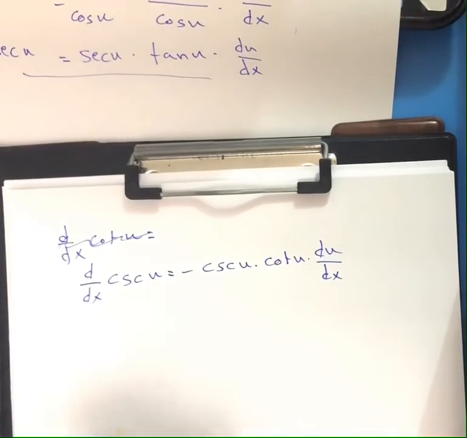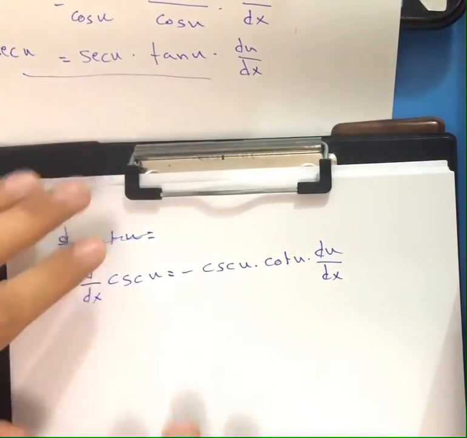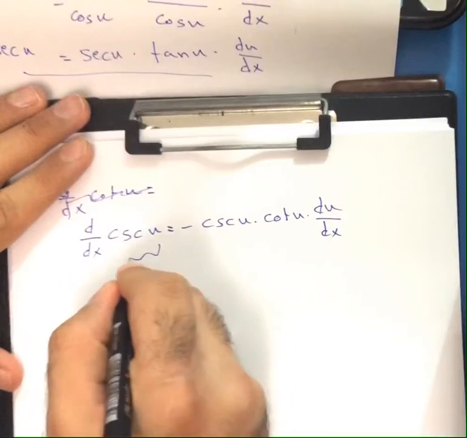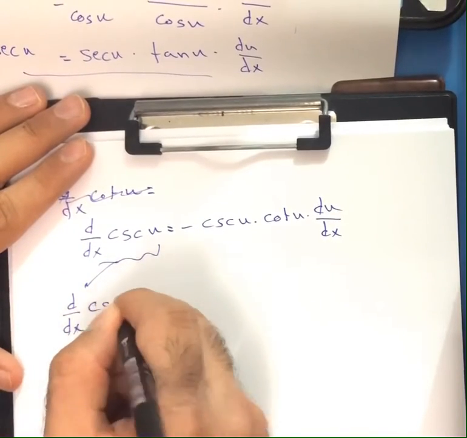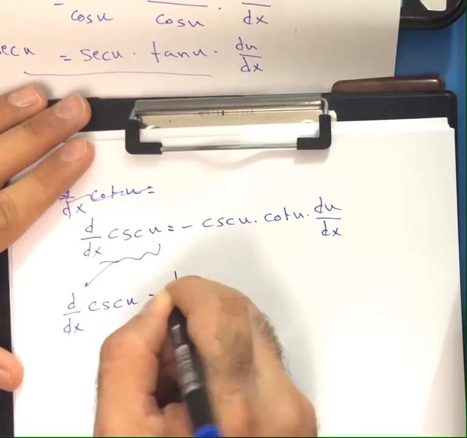All we have to do is to take the left hand side separately and analyze it separately. D by dx for cosec u, this can be written like this.